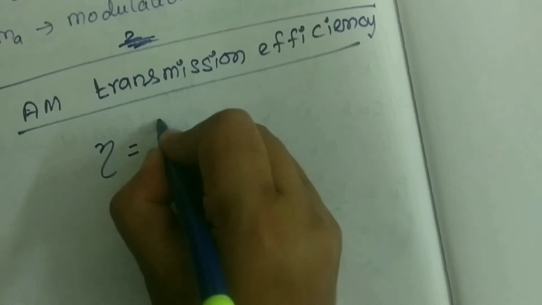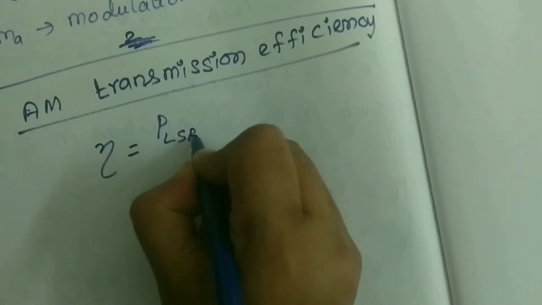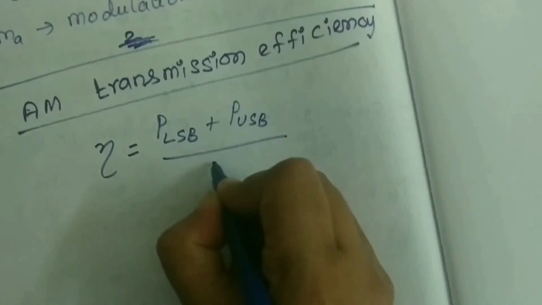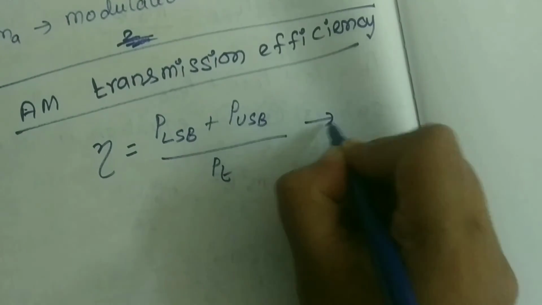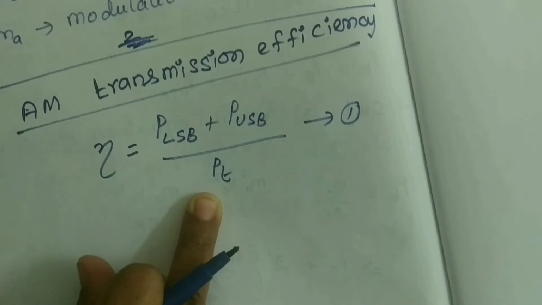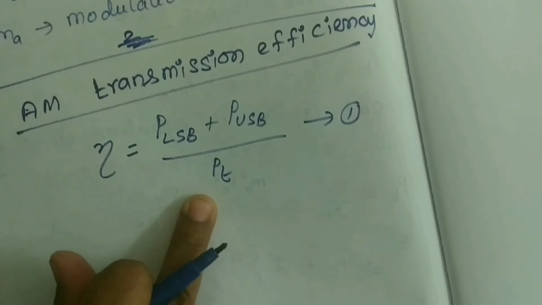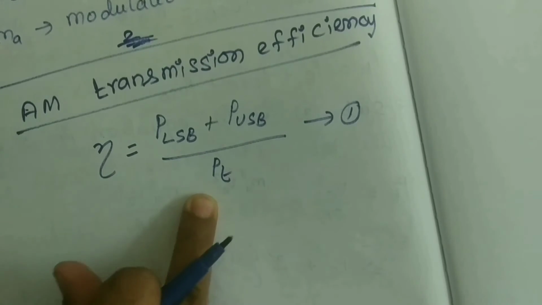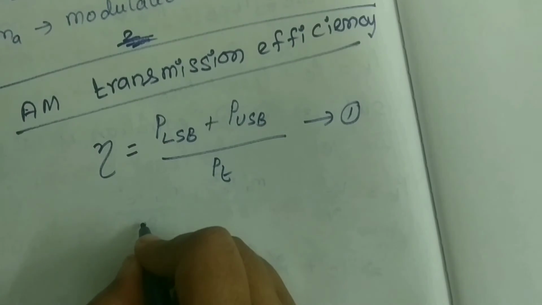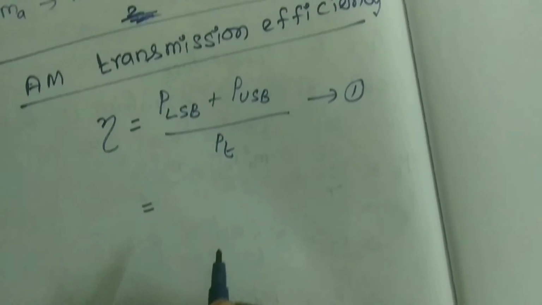Now we discuss the AM transmission efficiency. It's nothing but lower side band power plus upper side band power divided by the total power. Already we derived the values of lower side band power and upper side band power. Simply we substitute all the values in the first expression.